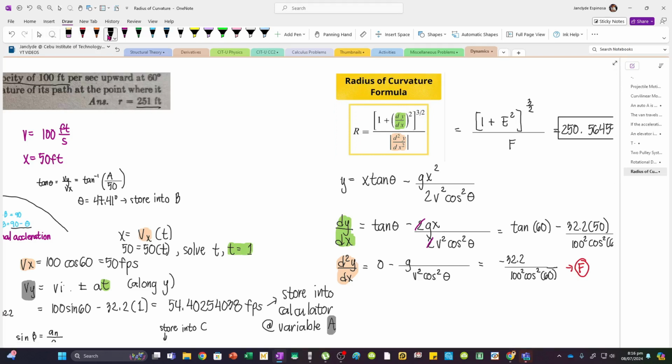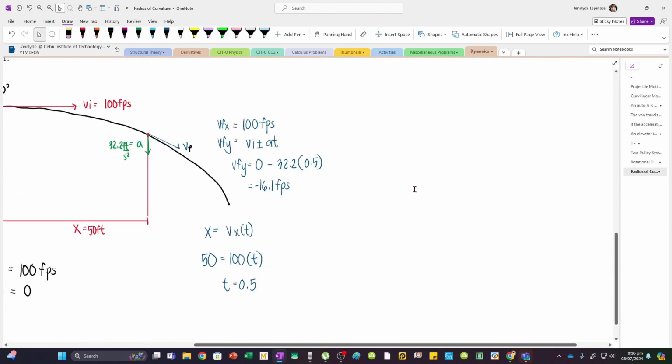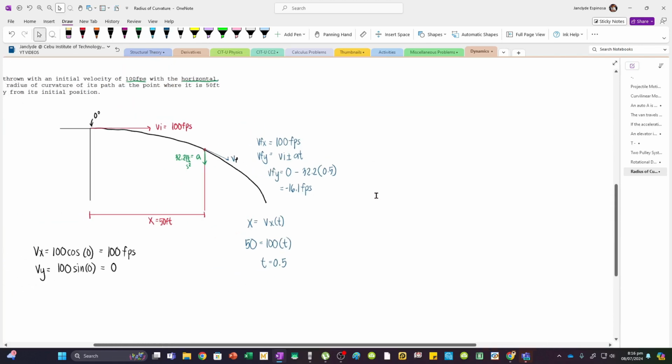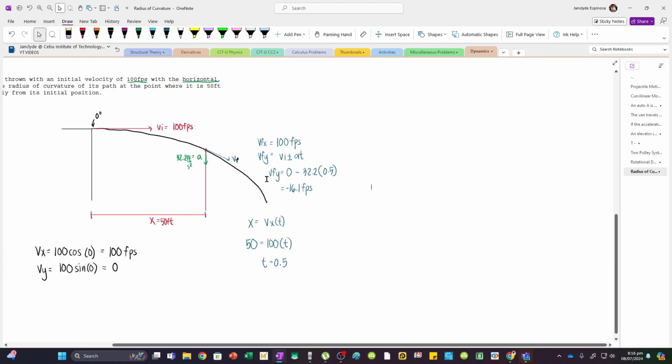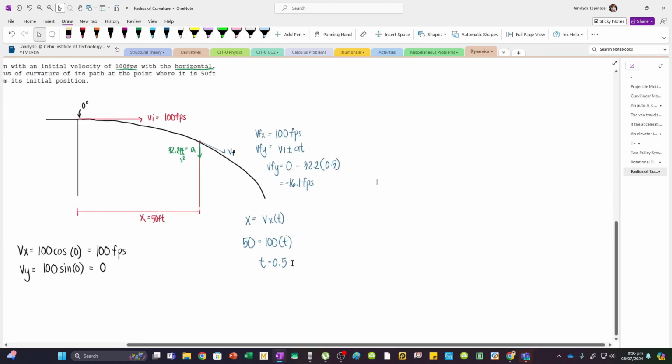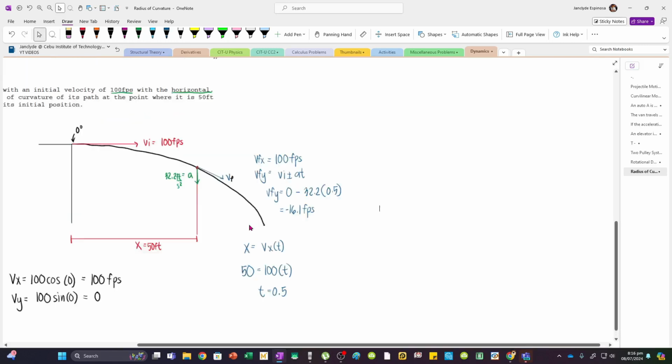Ito kasi yung initial velocity. But we may also use, wag na lang. Ito na lang. Ito yung pinaka-efficient. So, now that we have Vfy, we also have Vfx.